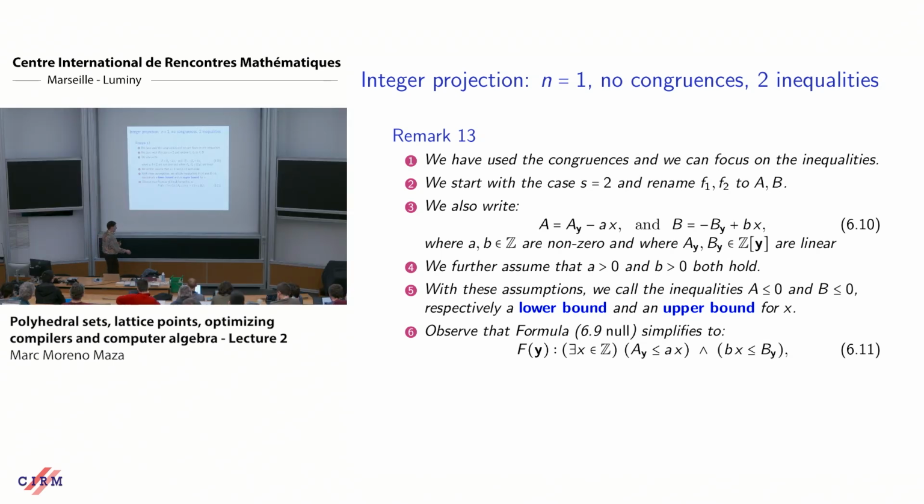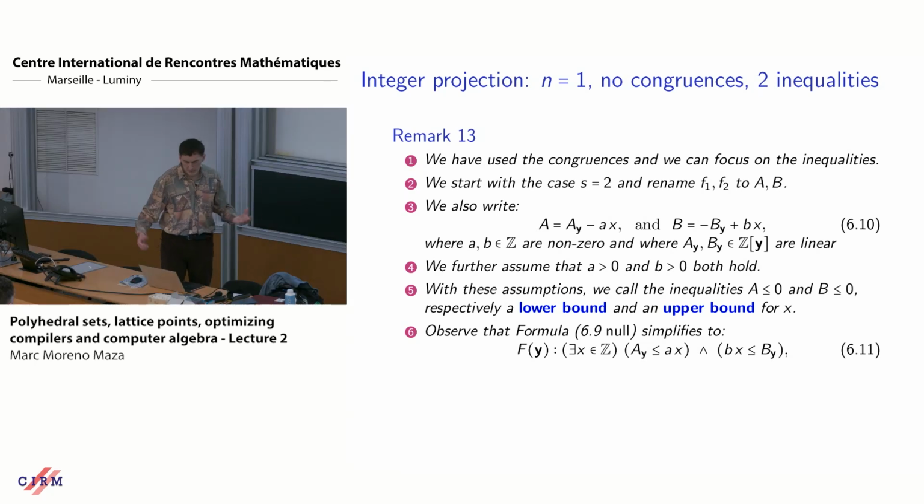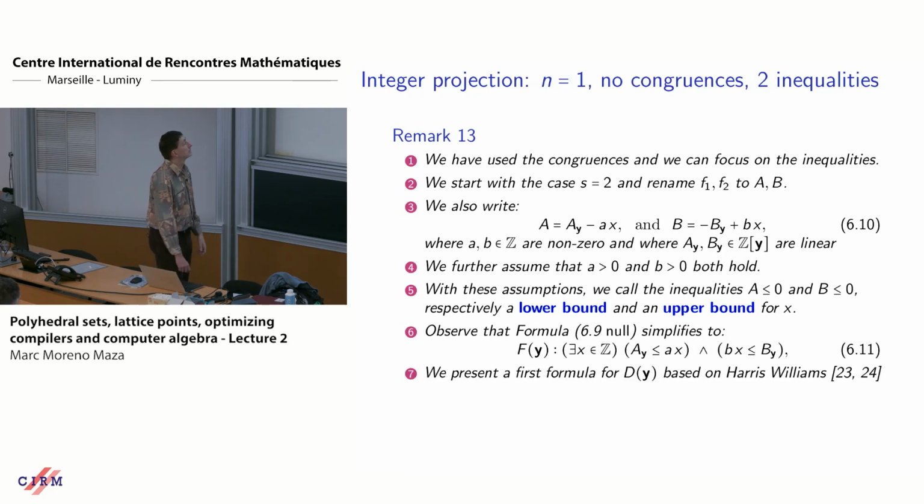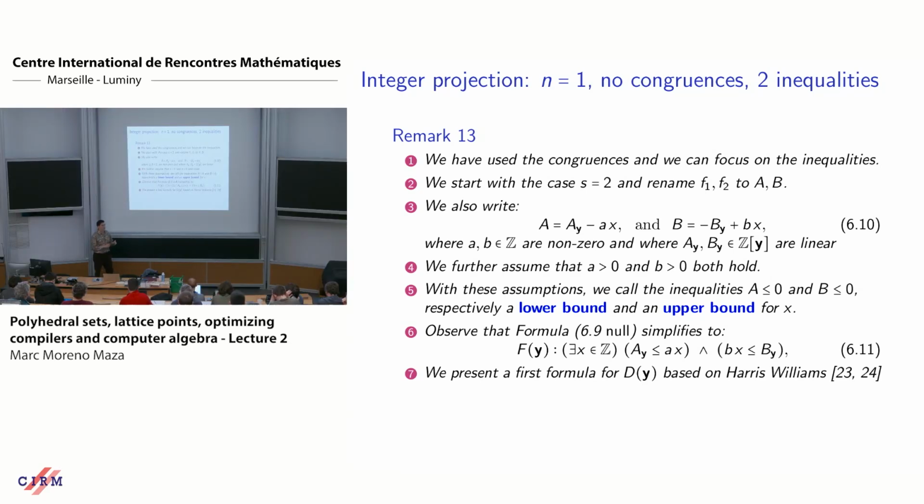Okay, so now our QE problem has become: exists x such that A(Y) is less or equal than little a times x, and little b times x less or equal than B(Y), where again A(Y) and B(Y) are linear polynomials. Okay, so we are going to solve that in two steps.